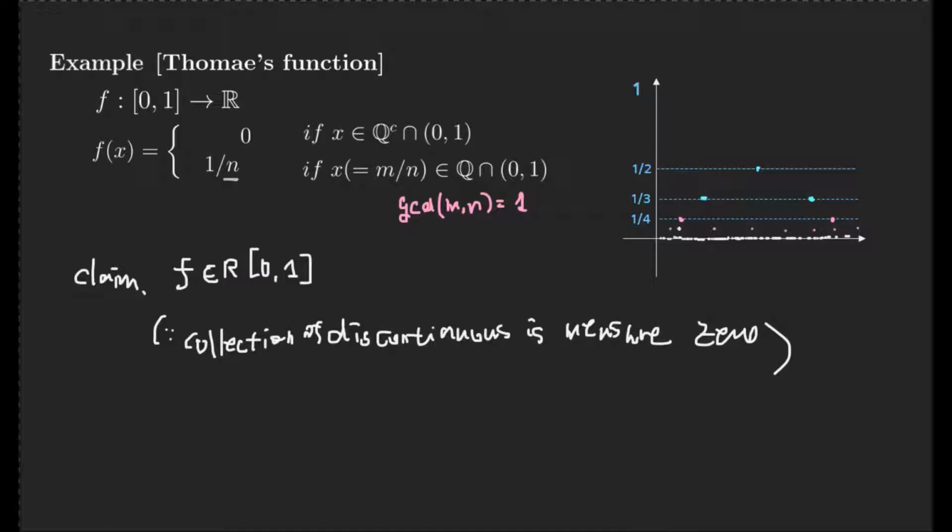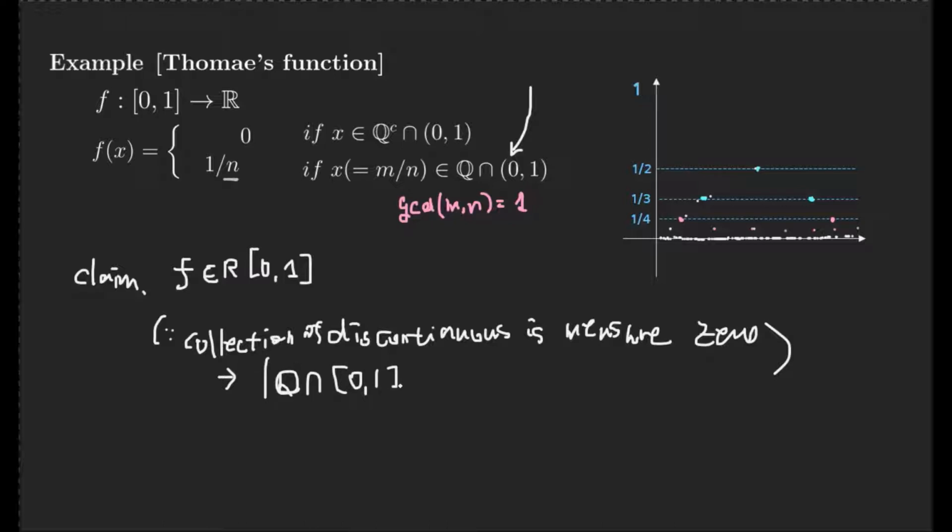Most of the points reside in the irrational numbers, but at these points, the function is discontinuous. The discontinuous points are the rational numbers in the interval.